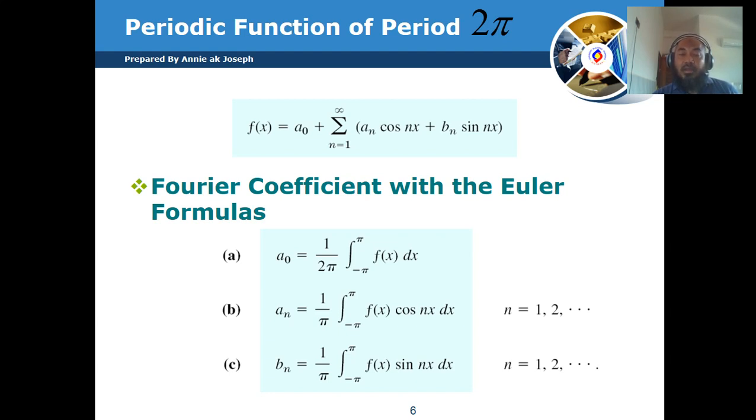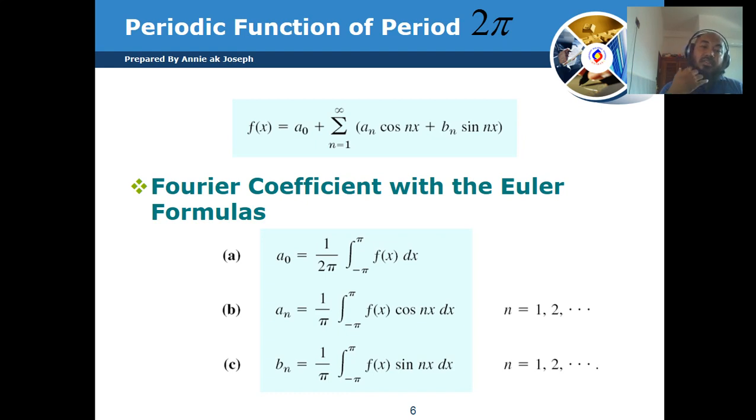One of the popular formulas for this periodic function of the Fourier series is the Euler formula. So f(x) is equal to a0 plus sigma n equal to 1 until infinity of an cos nx plus bn sin nx.